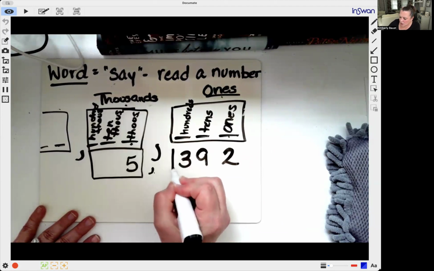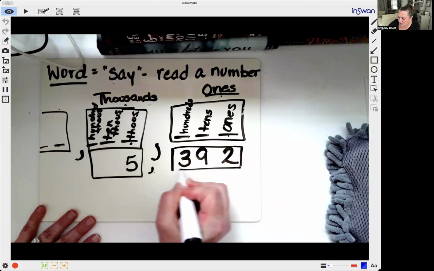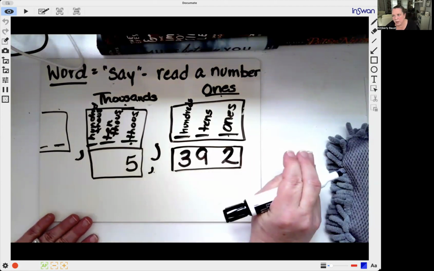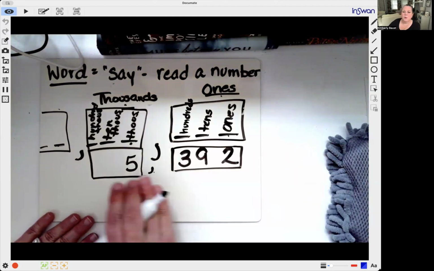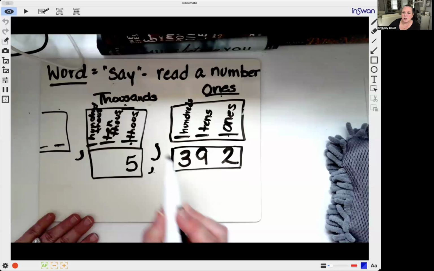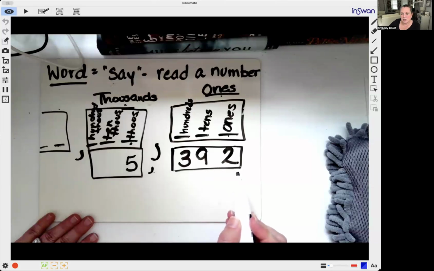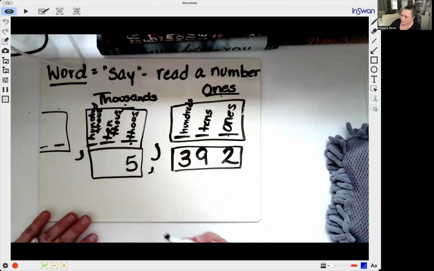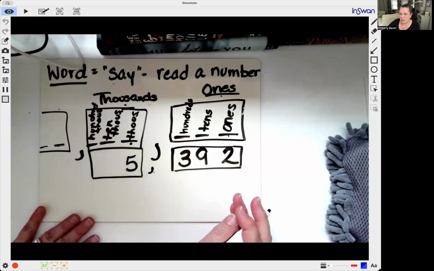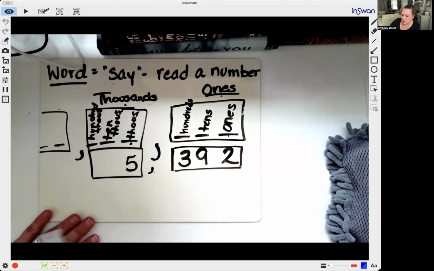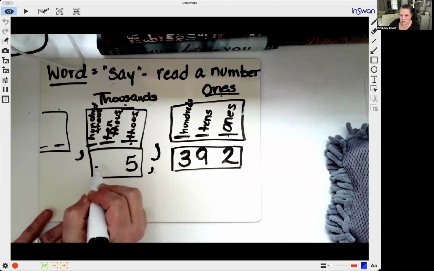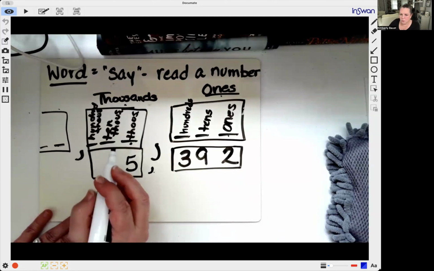What is in this car? 392. We don't have to say anything at the end. So 5,392. Okay. So we could keep practicing that, right? But let me go ahead and show you what that means if we build on this car. That's what you will see in 4th grade.